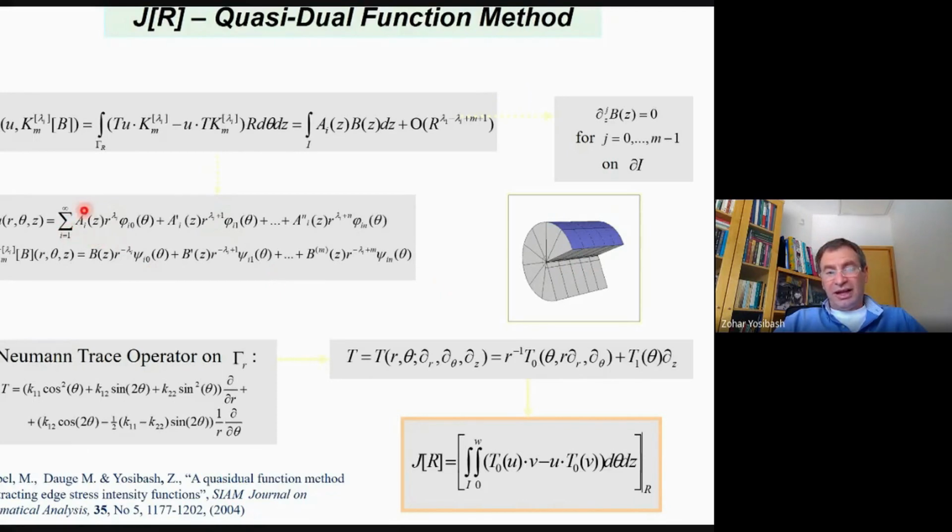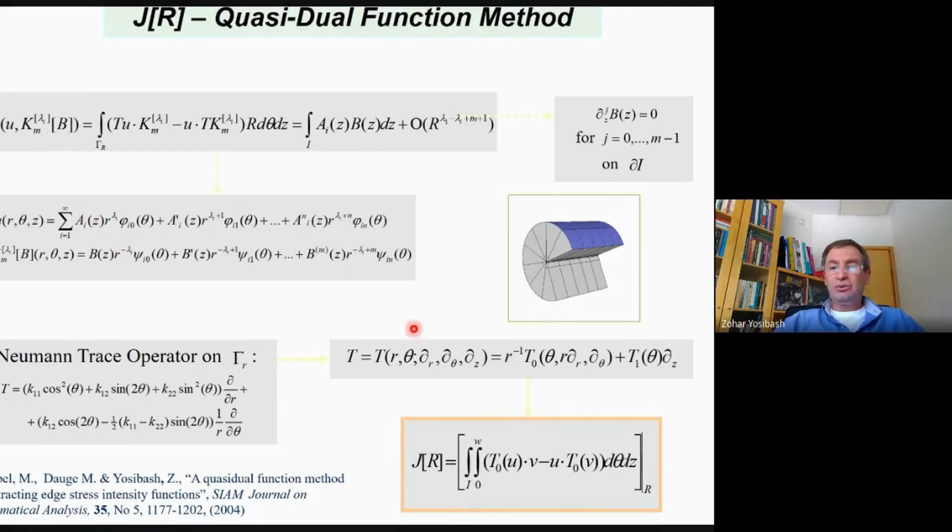And what I will call edge stress intensity functions, these ones are still to be computed by taking the boundary condition away from that singular edge. And somehow we have to compute them. One of the methods that we want to apply is similar to the contour integral method, the dual function method.